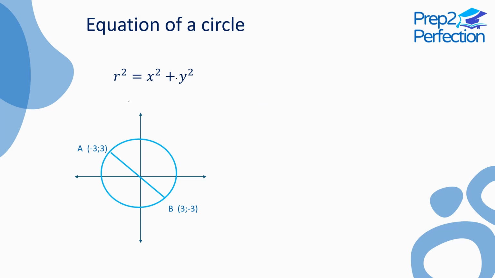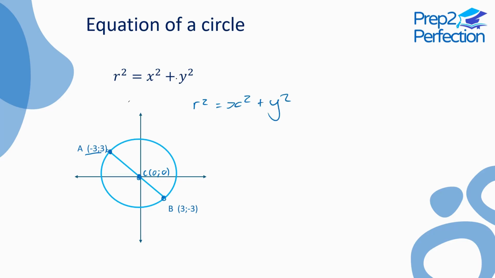For this circle, we are given 2 points. The first point is A, which is (-3, 3), and the second point is B, (3, -3), and we know that this is crossing the origin, so we can say that C is (0, 0). Now to work out the equation of a circle, since we do not know the radius, we'll be working with one of these points. Let's work with A. So we're going to say r squared is equal to x squared plus y squared.